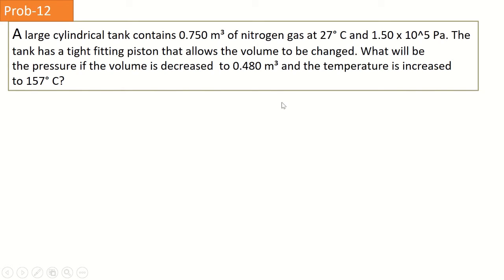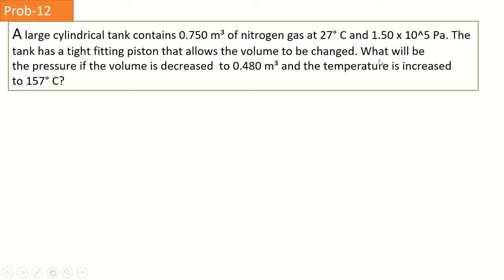So this question is saying there is one cylinder, and the cylinder contains 0.75 meter cube of gas, the temperature is 27 degrees centigrade, and the pressure is 1.50 into 10 to the power 5 Pascal. Now some changes are there in the gas.